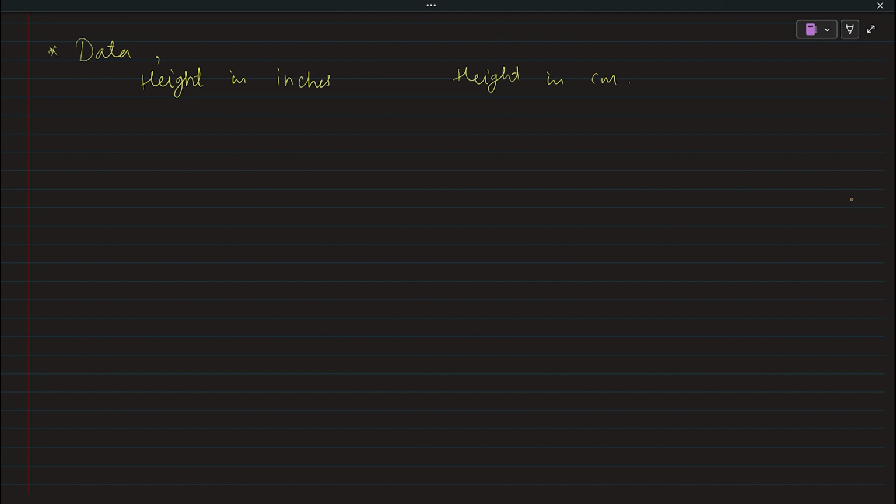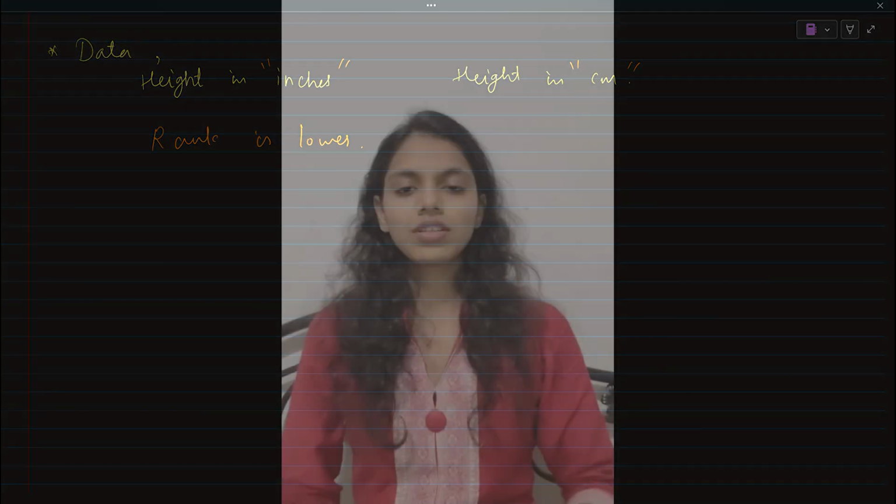So basically, they don't add new information to the data. These both are basically the same thing. So that means rank is lower. Here, one column is a multiple of another column.